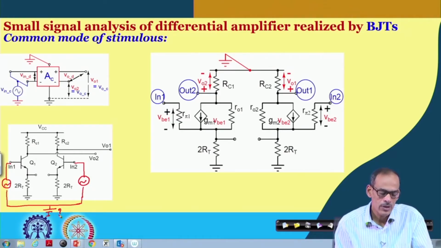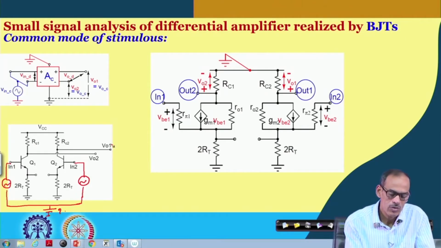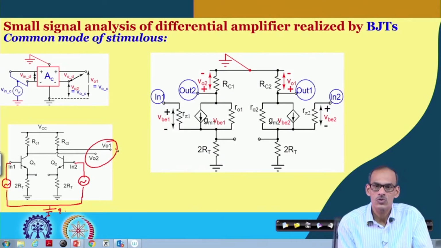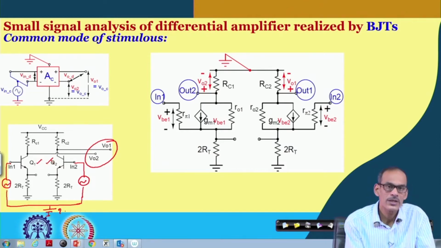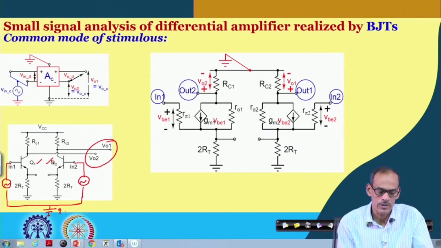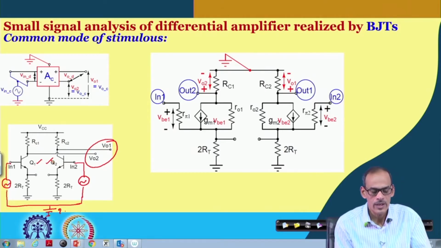In fact, not only this voltage, but also we like to know what may be the DC voltage coming at the two outputs, and we like to see whether the two transistors are really in good condition or not. So, to understand that, we need to have large signal analysis.